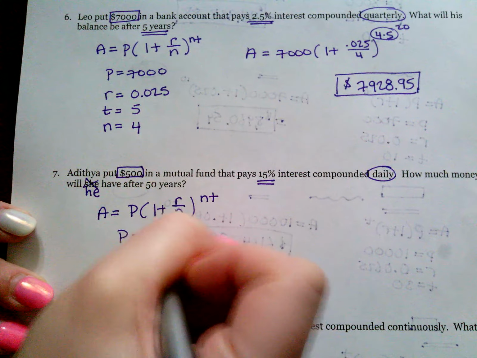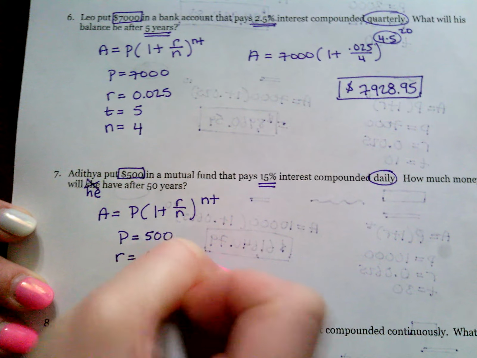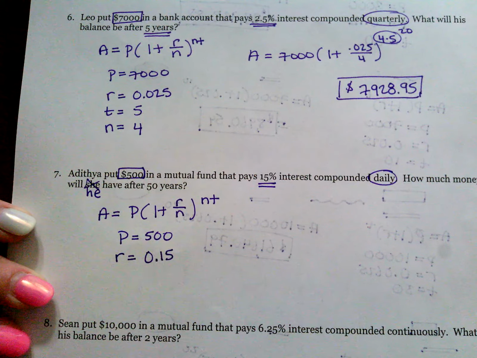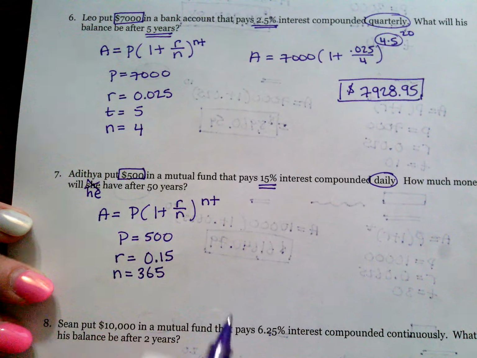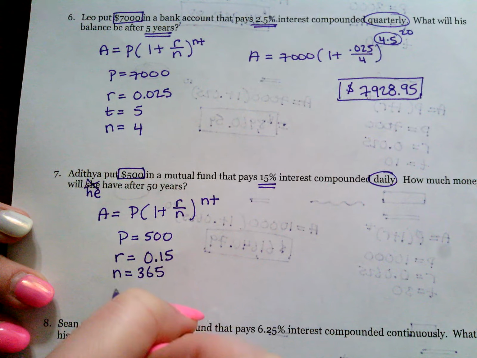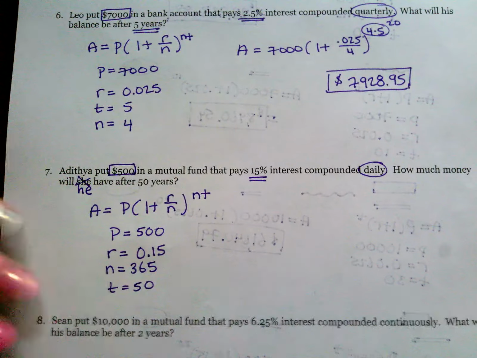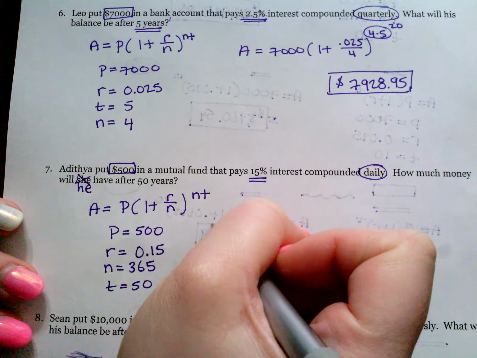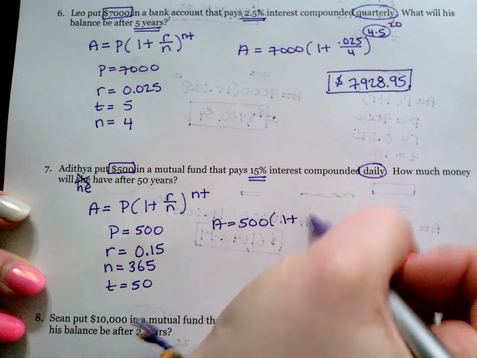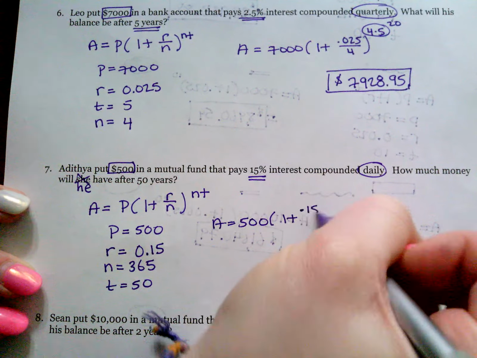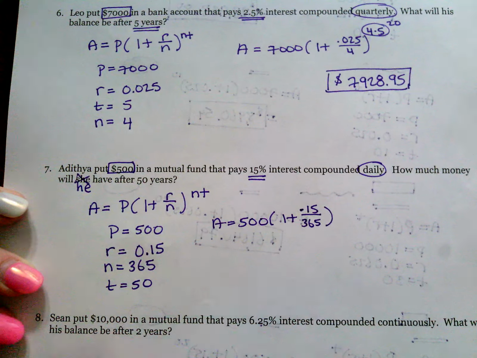Let's see how much he's going to have. So 500 times 1 plus 0.15 over 365. It's the power of NT, so 365 times 50, which is 18,250. I don't know if I remember all of this.